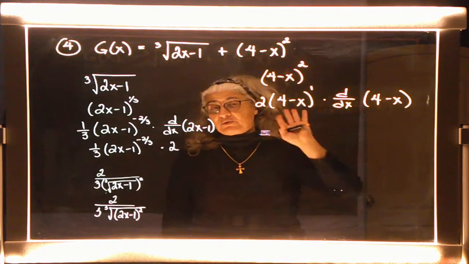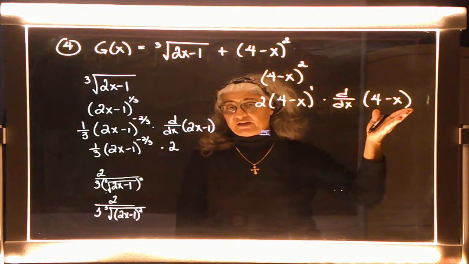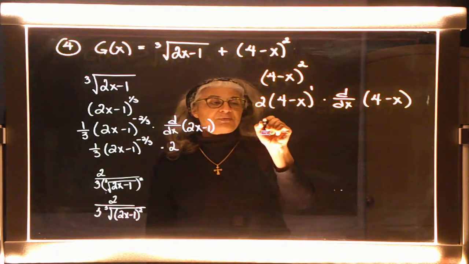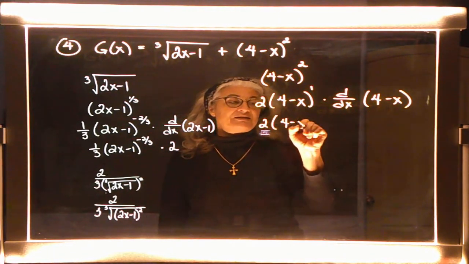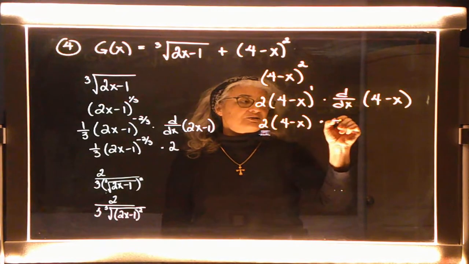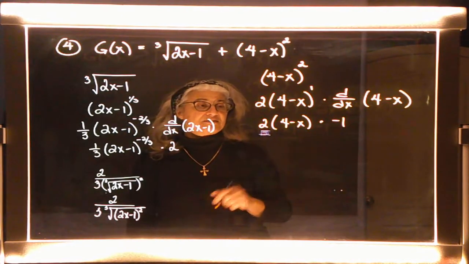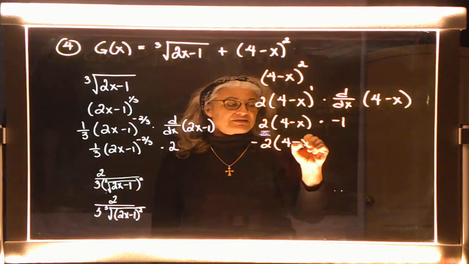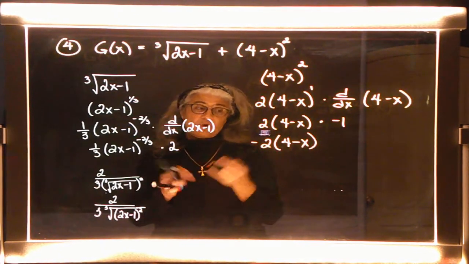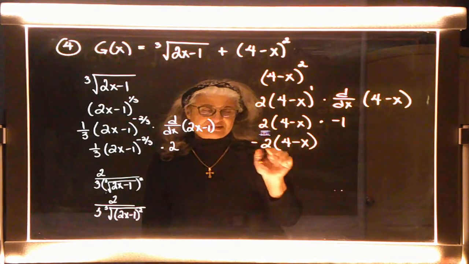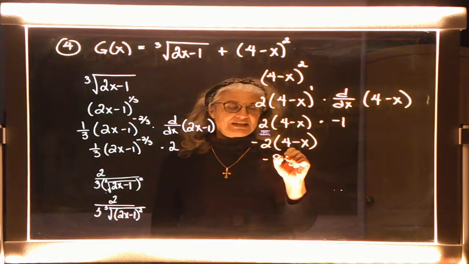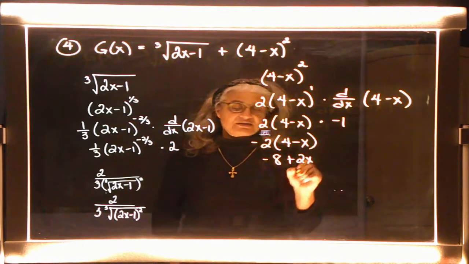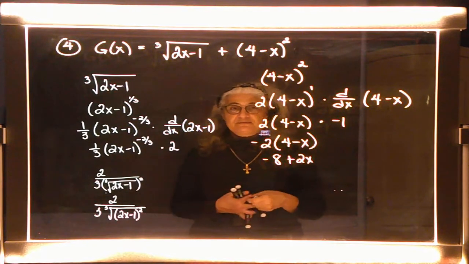Well, the derivative of the 4 will be 0, and the derivative of x will be 1. But it's going to be a negative 1, agreed? Because it was a negative x. So this one simplifies to negative 2, and in parentheses 4 minus x. Or, because this one is simple enough, I could literally write negative 8 plus 2x, and that'll be okay also.